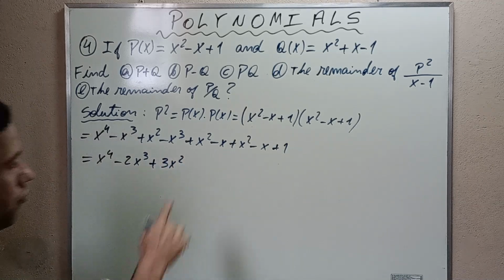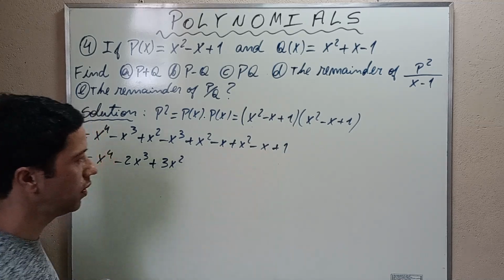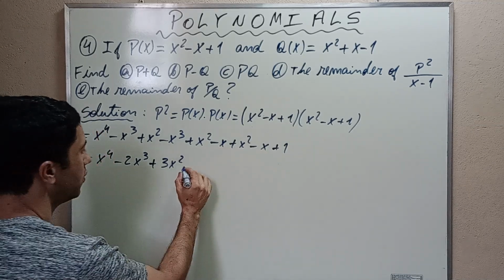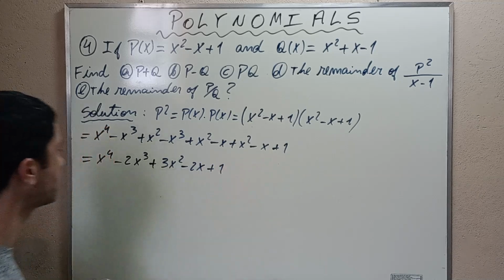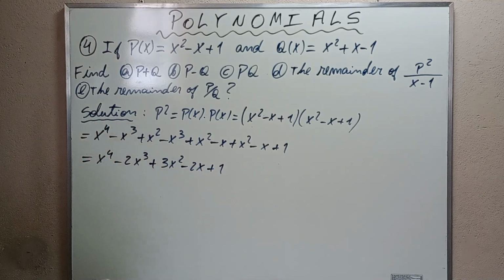And here we have 1, 2, negative x, then it is negative 2x plus 1, okay? All we need to do now is to divide. Divide x to the fourth minus 2x cubed plus 3x squared minus 2x plus 1 by x minus 1, okay?